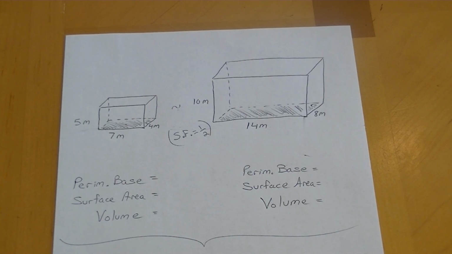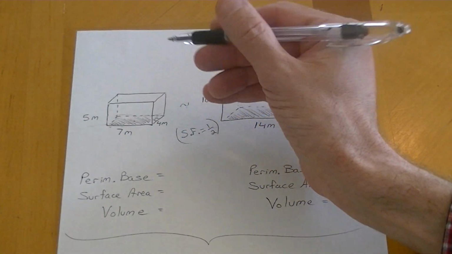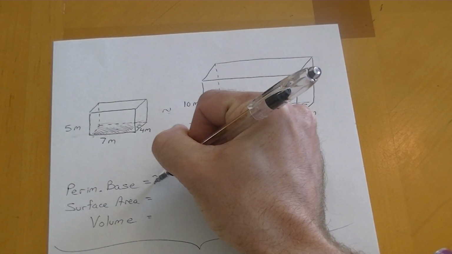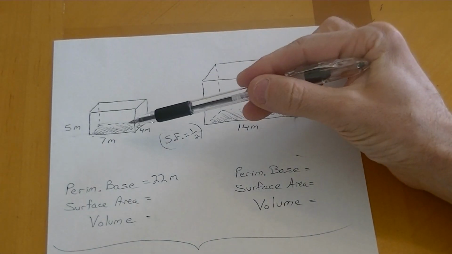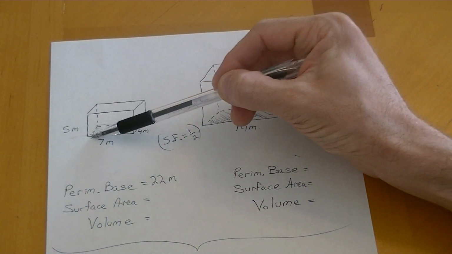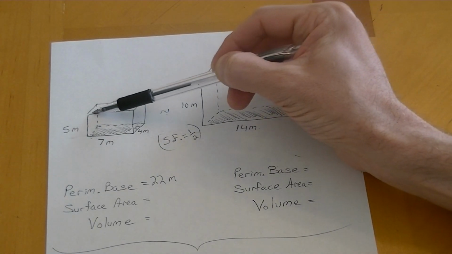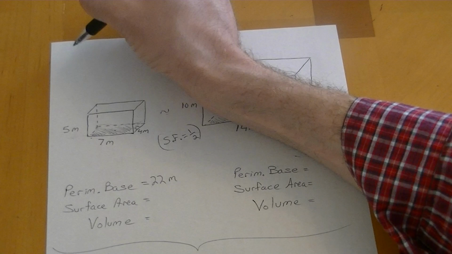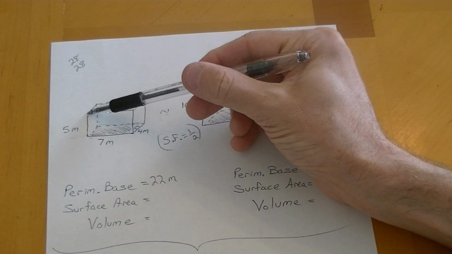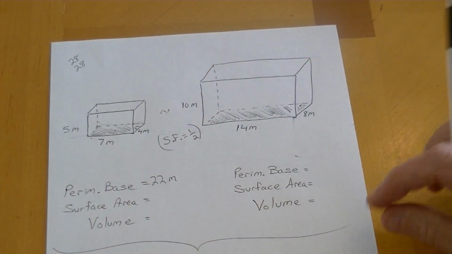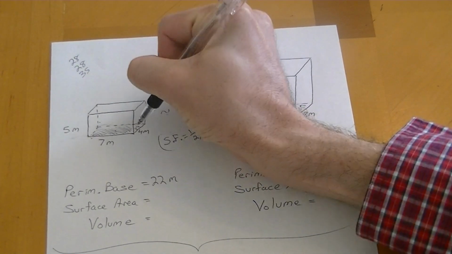All right, so the perimeter of this base is just 7 plus 4 plus 7 plus 4. So that's going to be 22 meters. The surface area, well, let's see. The bottom surface, 7 times 4, 28. The top surface, 7 times 4, 28. The surface on the left is a 5 by 7 rectangle, so that's 35.